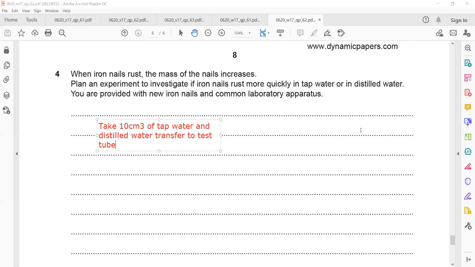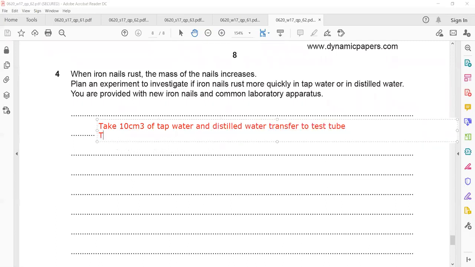After transferring this to test tube, take equal number of iron nails and weigh by balance. Then leave the apparatus for 1 week, because rusting is a slow process.